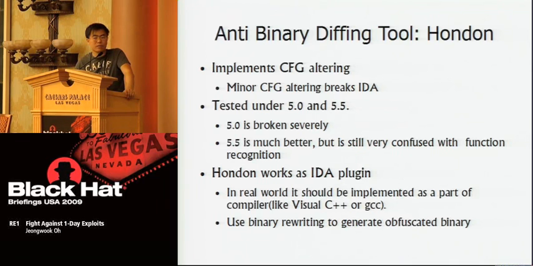But in the real world, maybe they can put a new flag for Visual C++ or GCC options or something. I'm not sure they will do that, but yeah. And Hondon is using binary rewriting technique to generate the obfuscated binary.